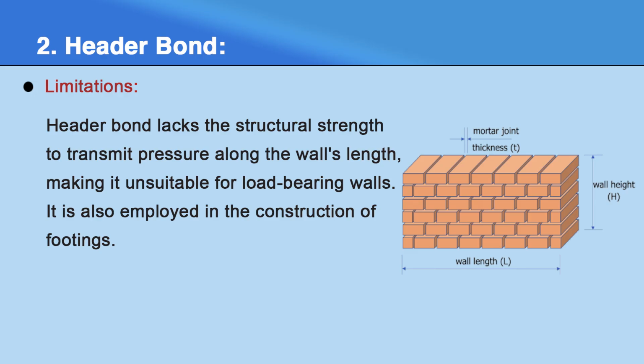As a result, its use is generally confined to non load bearing walls or specific architectural features where its aesthetic and construction benefits, it has aesthetic benefits, outweigh the structural limitations. In those locations, it can be used.